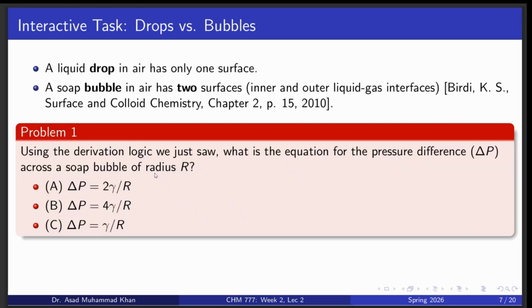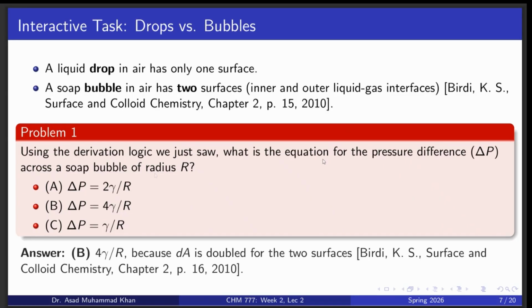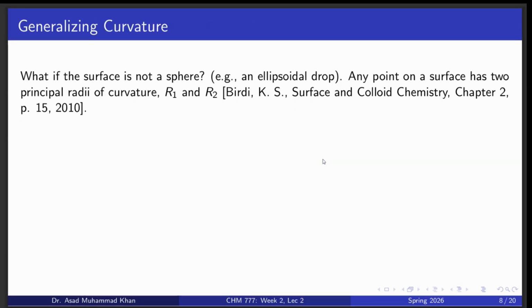Using the derivation logic we just saw, what is the equation for the pressure difference across a soap bubble of radius r? So what if the surface is not a sphere? That is, for example, it is an ellipsoidal drop, and at any point on the surface has two principal radii of curvature, r1 and r2.